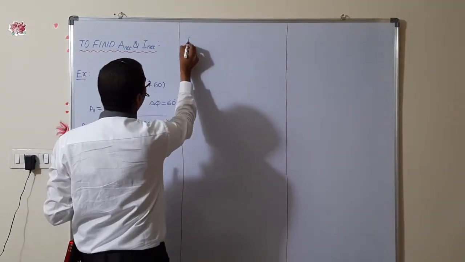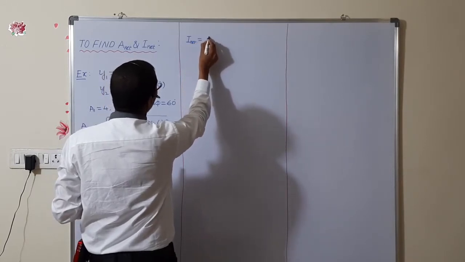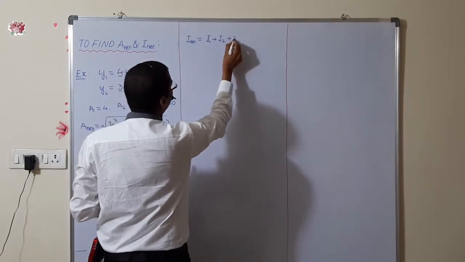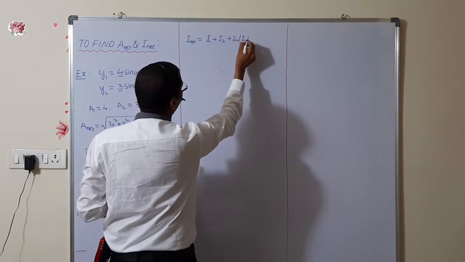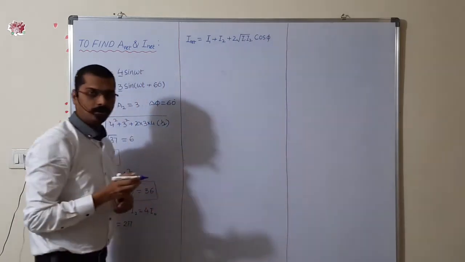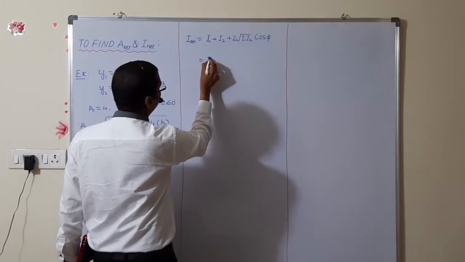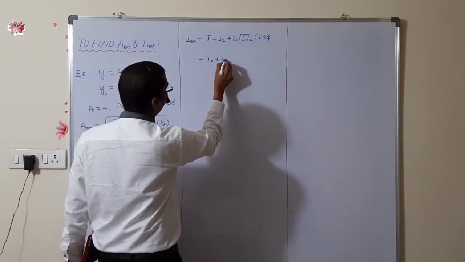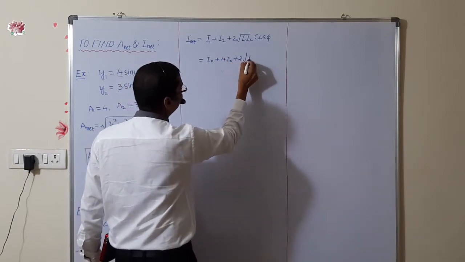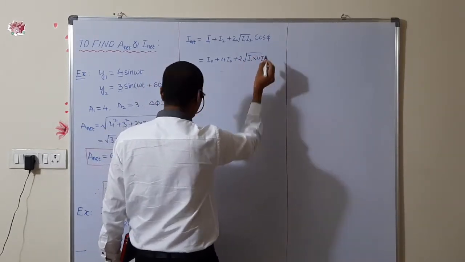We know that I net is equal to I1 plus I2 plus 2 under root I1 I2 cos phi. The cos phi value, what is it? 2 pi. Substituting the values: I naught plus 4 I naught, then 2 into under root I naught into 4 I naught into cos 2 pi.